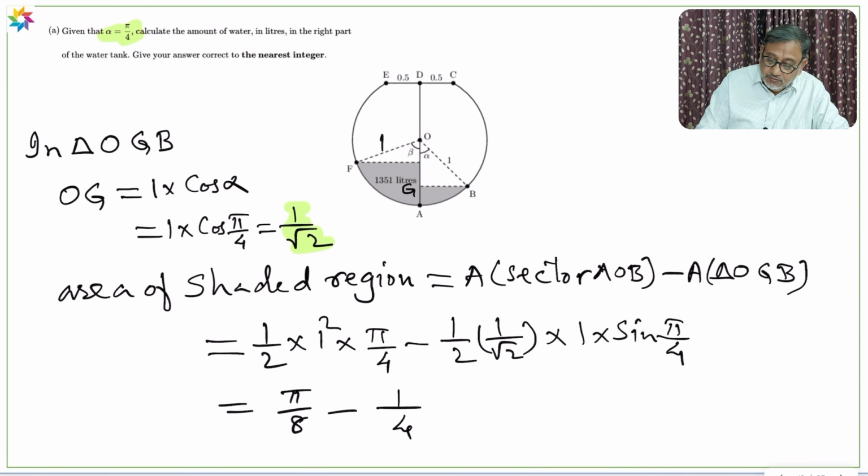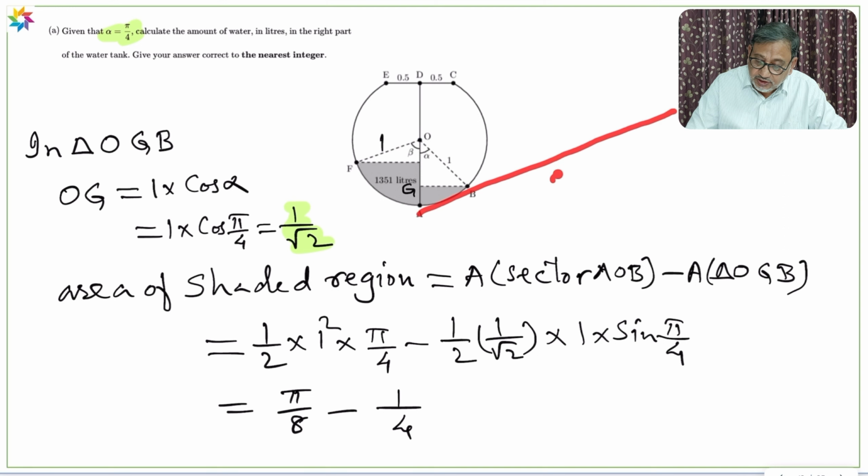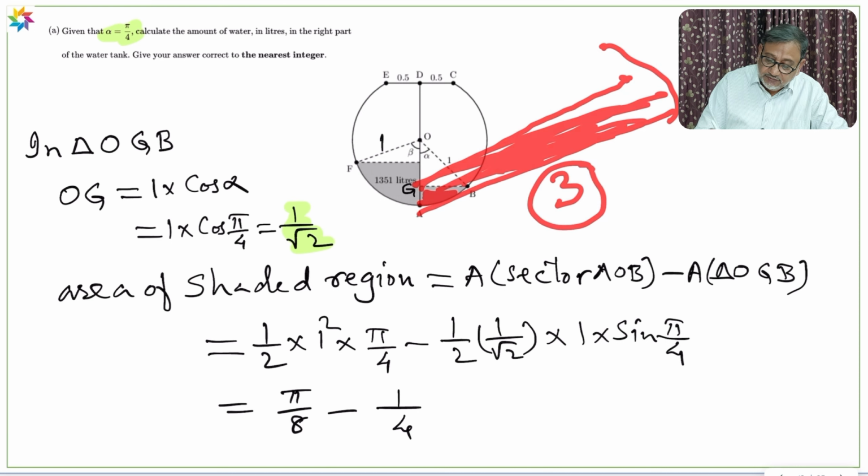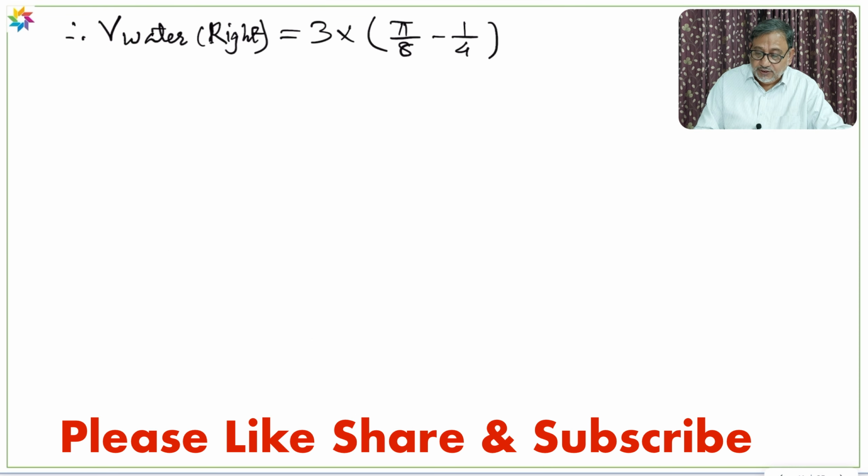You understood? Because see, this tanker has a length like this, somewhere 3. This is 3. So this volume of water will also be in the same space, in this space. So this cross sectional area multiplied by 3 will give me the volume of the water, right?